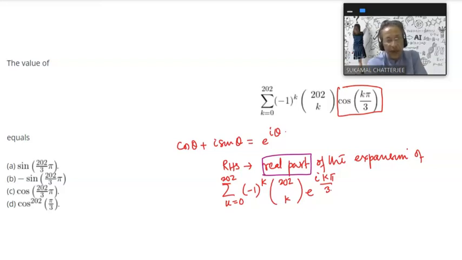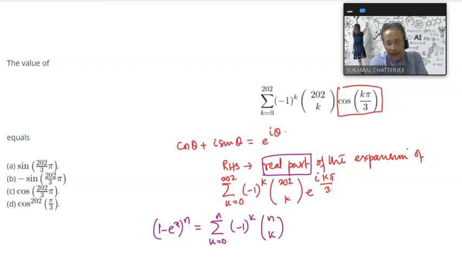Now here we are going to use another binomial identity, which is 1 minus e to the power x, to the power n, is given by the sum of k equal to 0 to n, minus 1 to the power k times n Ck times e to the power kx.